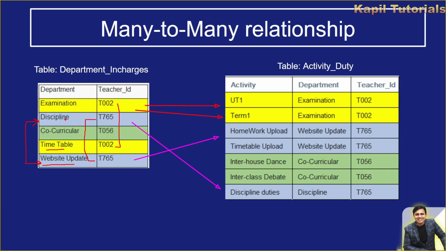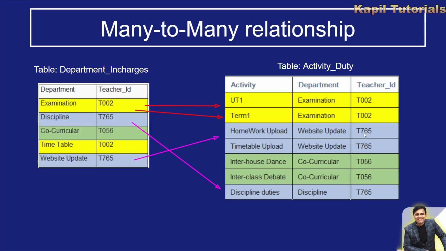And according to that, the corresponding duties like discipline duties, the ID has been given here. In the same way, to update the IT work, homework upload on the website, to send the syllabus, all that is the work of the IT teacher. So it's been done here also. So this could be a fine example of many-to-many relationship. I hope this is clear.